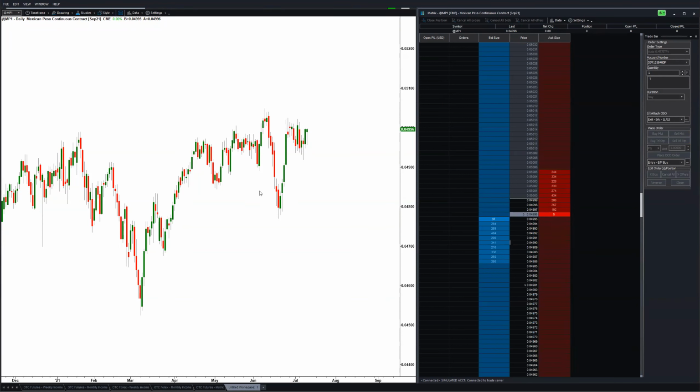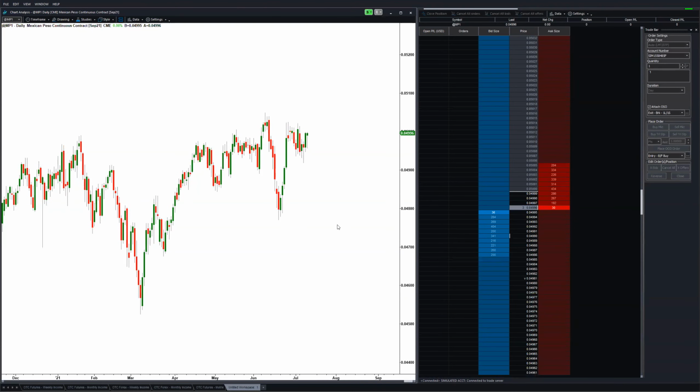So what is the symbol for? We're going to talk about this in more detail in a second. MP1, we cannot just trade MP1, because you should know this is the adjusted continuous contract.